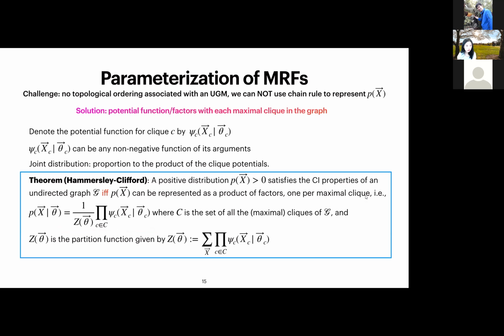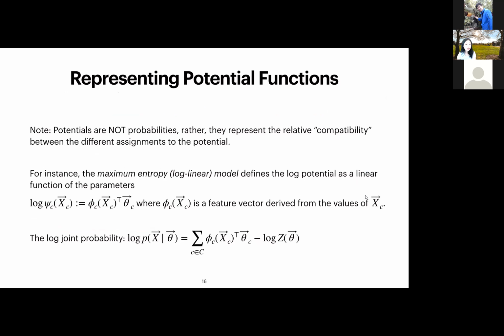Now, with this theorem, we can think about what these potential functions are. It's very important to know that the potentials are not probabilities. They don't have to be between 0 and 1. They should be positive, of course, but they don't have to be probabilities.